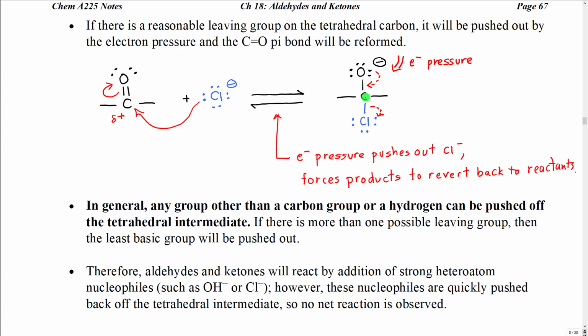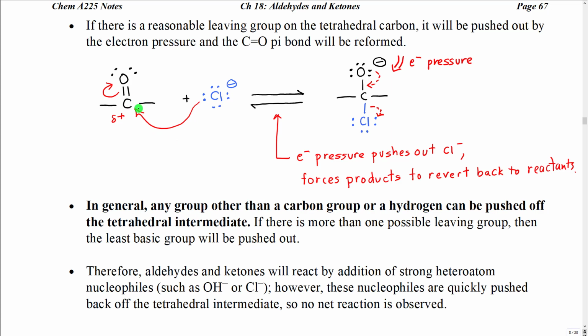What happens in this case is that the electron pressure from the oxygen will push down toward that central carbon, and because the chloride is a good leaving group, it will push that bond back out onto chlorine, reversing the reaction.